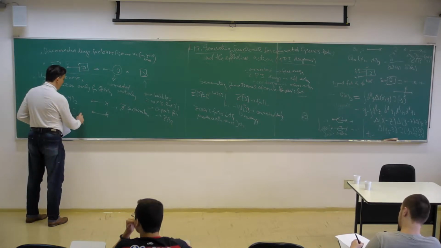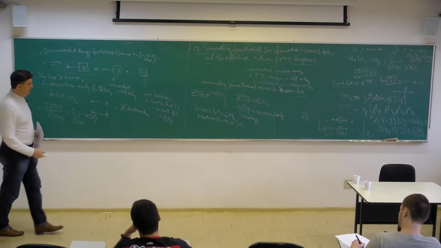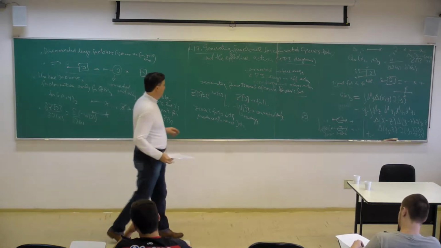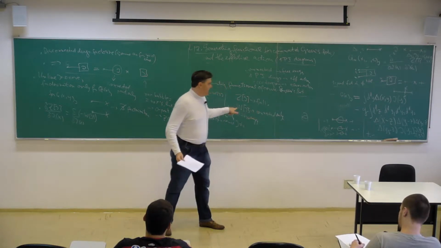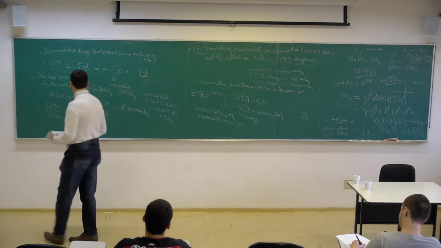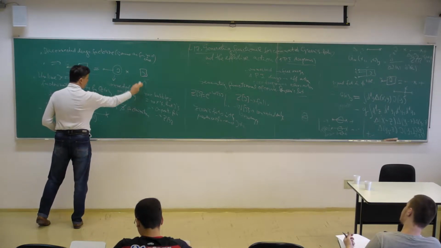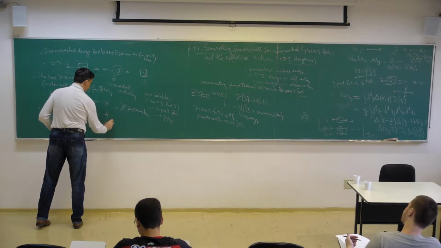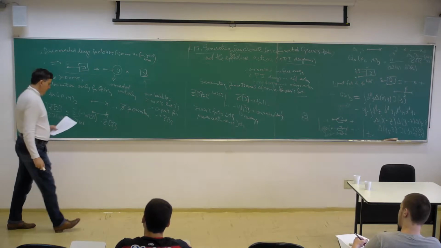And I define that generating functional to be called minus W of J. That's what I said: the generating functional of connected diagrams is called minus W of J. And then I have the 0-point function, which was, as we said, Z of J.